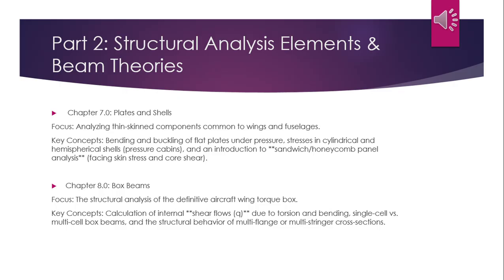The key concepts are bending and buckling of flat plates under pressure, stresses in cylindrical and hemispherical shells, pressure cabins, and an introduction to sandwich honeycomb panel analysis: facing skin stress and core shear.